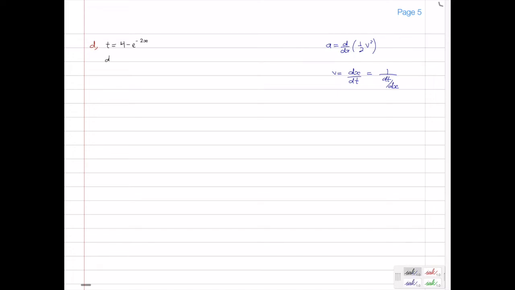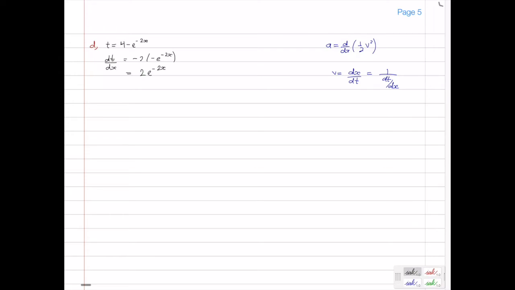So dt on dx is differentiating this with respect to x. The 4 goes, and we get minus 2 times minus e to the minus 2x. Okay, and of course that's minus 2 times minus 1, which is just positive 2 e to the negative 2x.